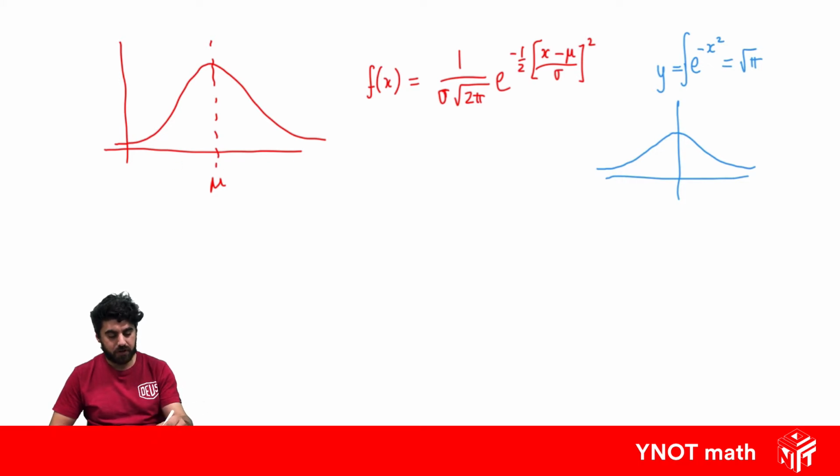We know from any graph transformation, if we have x minus a value, this shifts it along the x-axis. And this results in the highest point in the graph occurring at 1 over the standard deviation multiplied by root pi.